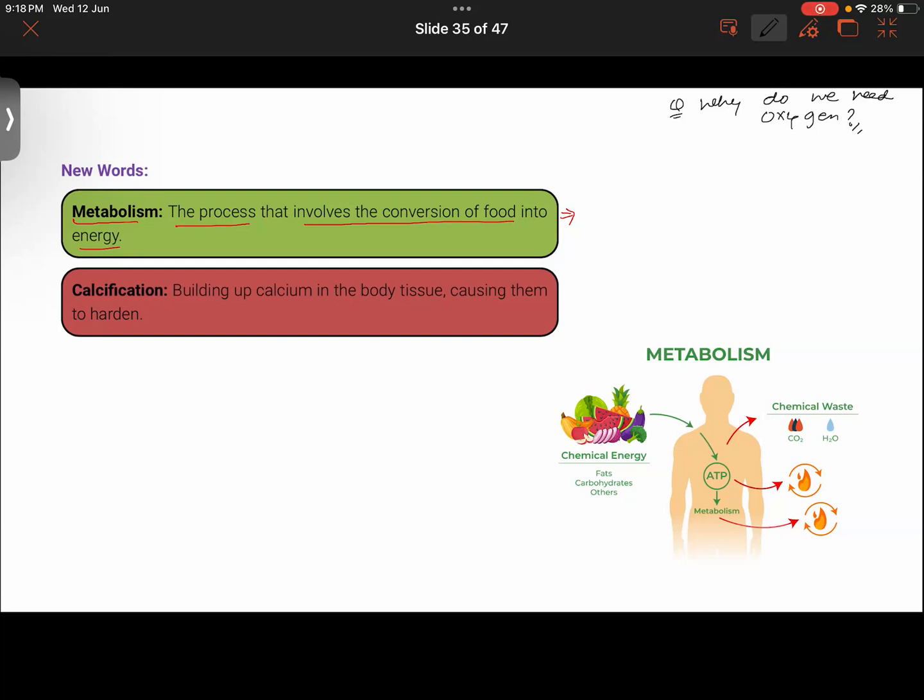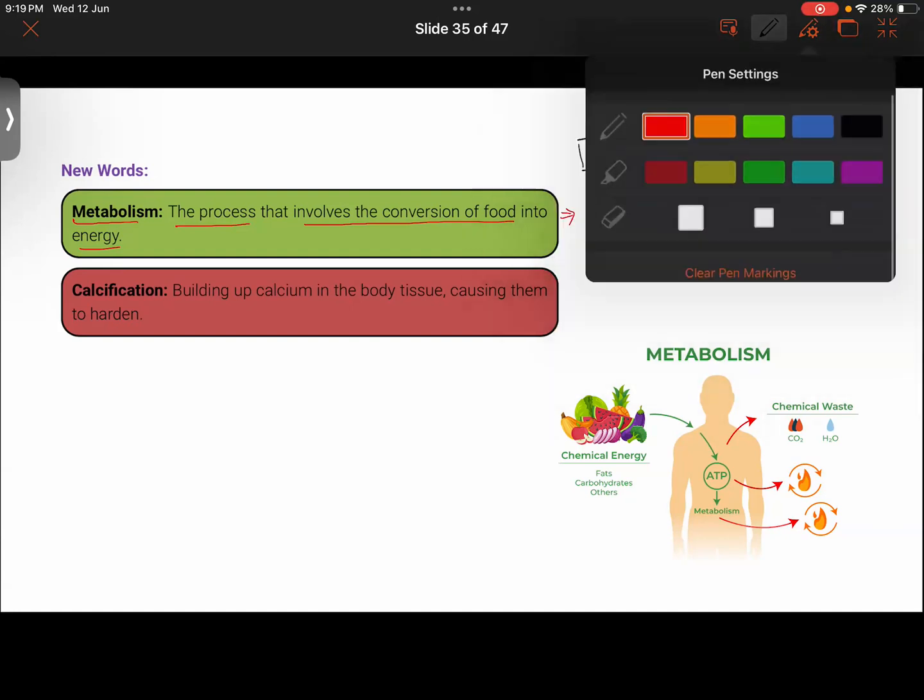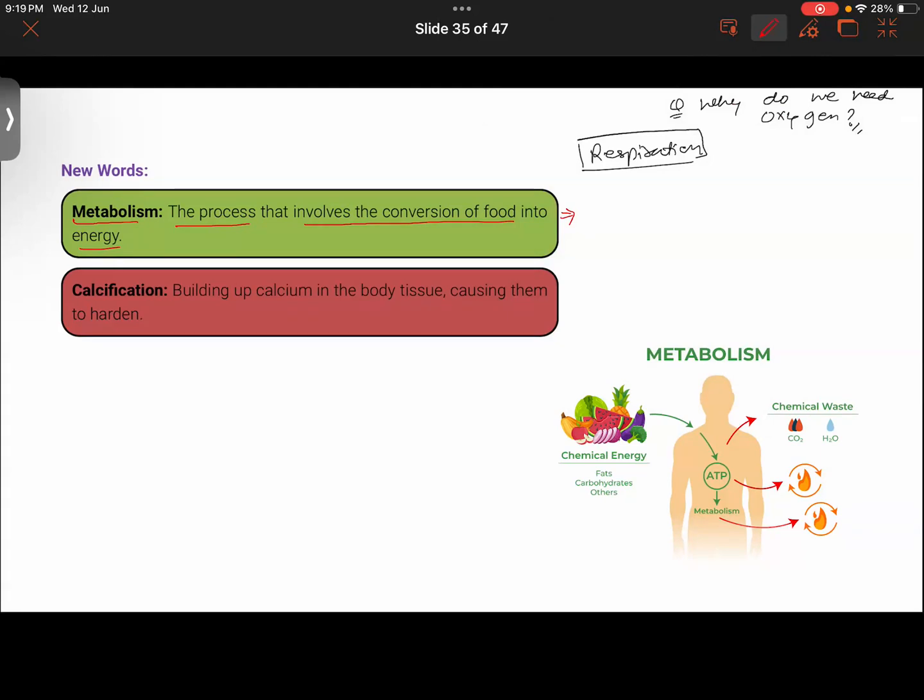We see that oxygen is necessary for life because it is basically helping your cells to obtain energy from the food. Just like breathing is happening in your body, there's a process called respiration also taking place inside your body. In respiration, the food reacts with oxygen, and in the process the food gets broken down.